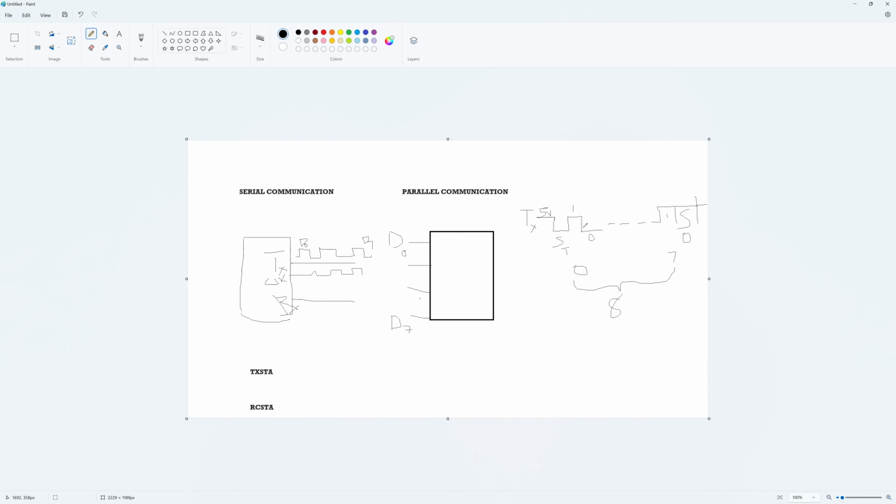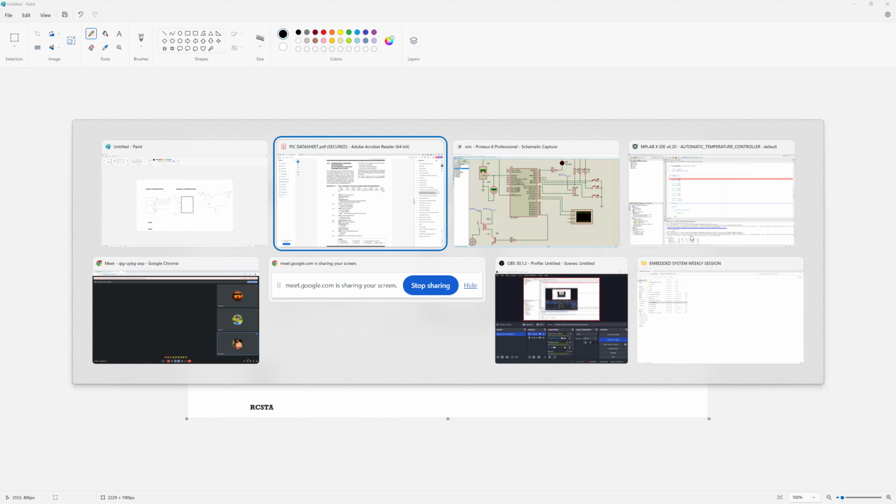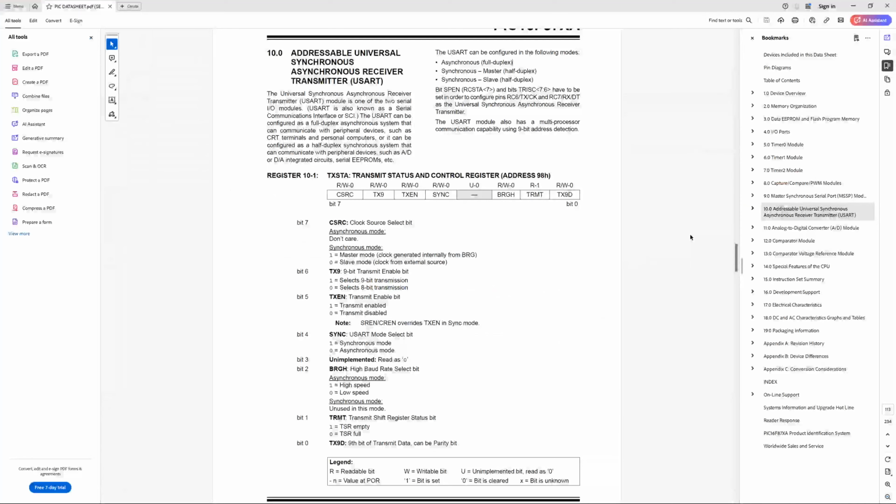Then it starts sending its bytes in bit format, one by one. If it is 0, it will be low, and if it is 1, it will be high, so 0 means 0 volt and 1 means 5 volt. This is the data it is sending. At the end, it will send the stop bit. This is how it works, so you need to know that before going into the register. So what is TX9?